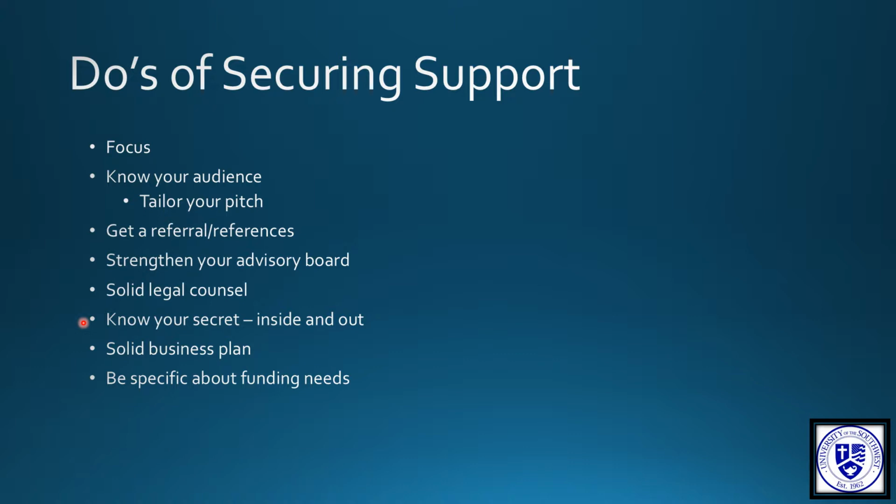The secret might be an emerging market. It might be a new target audience. It might be a new target group. It might be a new type of customer or a new use for our product. So we really have to know the secret to the innovation that we're wanting to pursue.